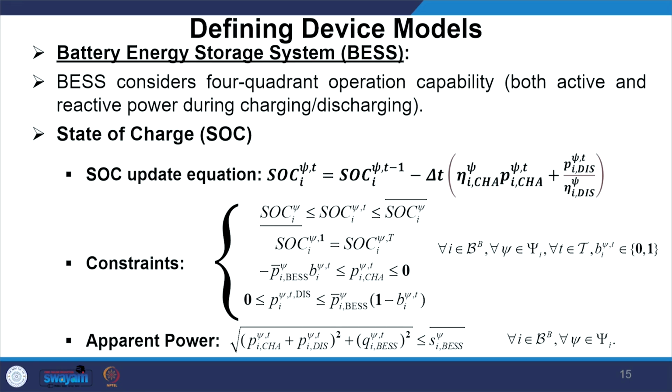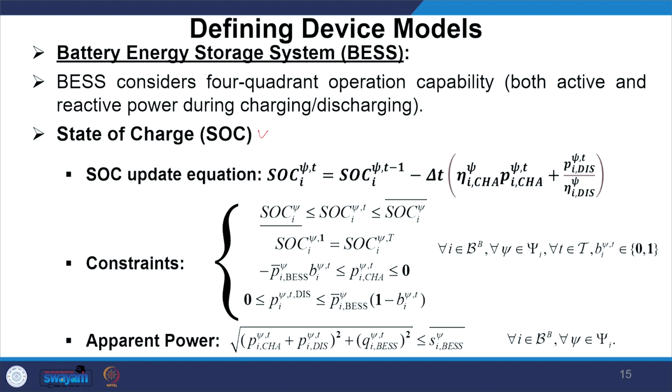Now, we can also think of a battery storage device which is part of your distribution system, and in the case of BES, you actually need to have SOC. BES considers 4 quadrant operation capability, both active and reactive power, positive, negative, charging and discharging characteristics.